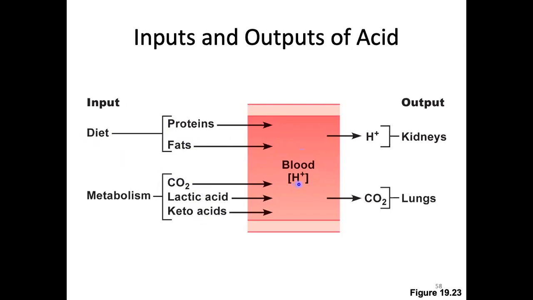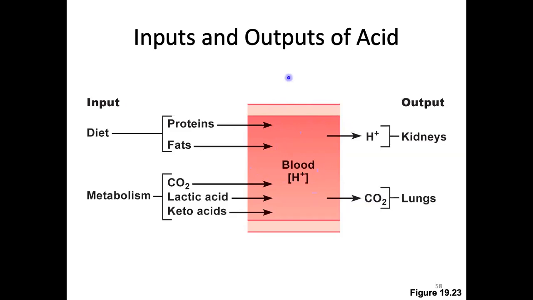So acid, if you will. How do we deal with that acid? We can regulate blood pH, or acidic blood, by kicking out CO2 with the lungs. So if you're making more CO2, you can kick it out of the lungs, or you can kick out the protons at the kidneys.